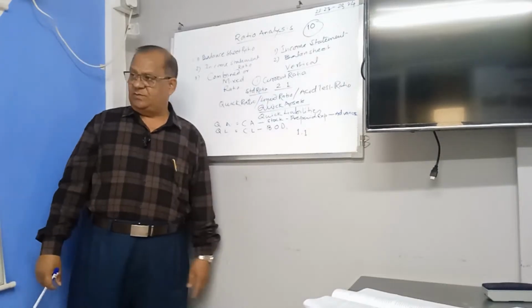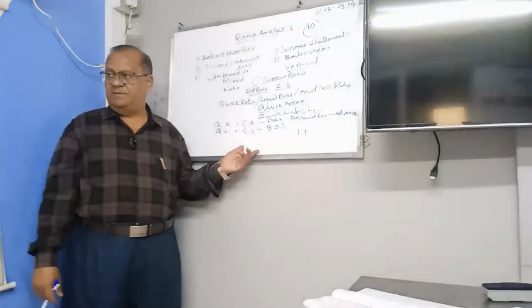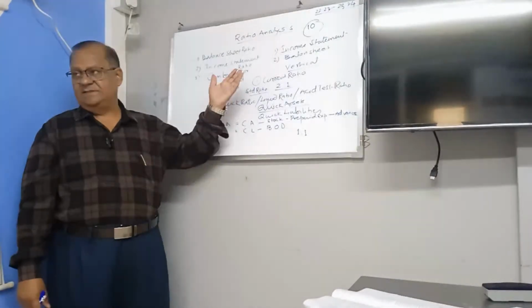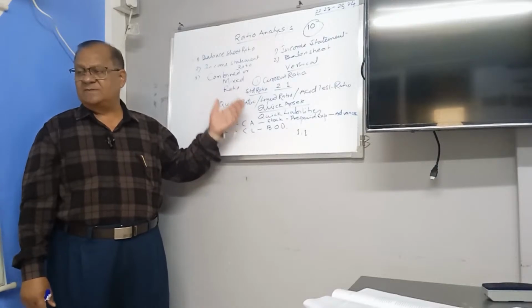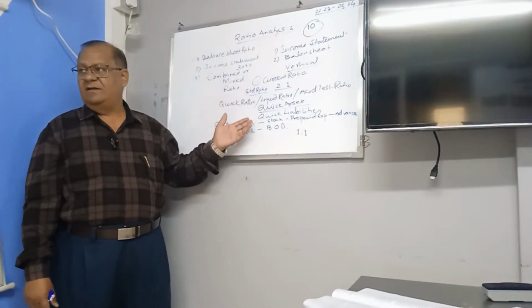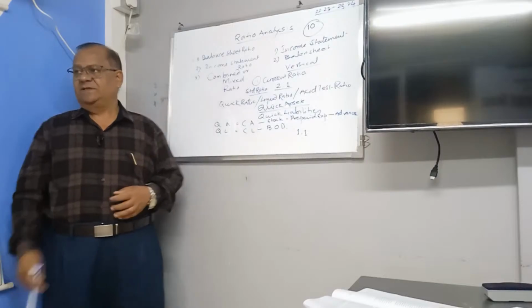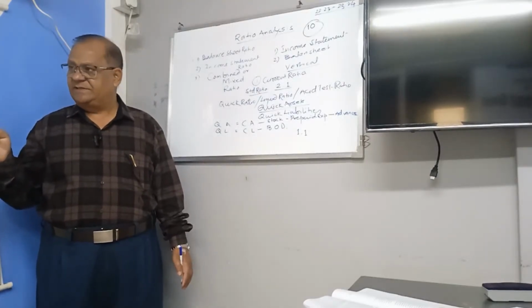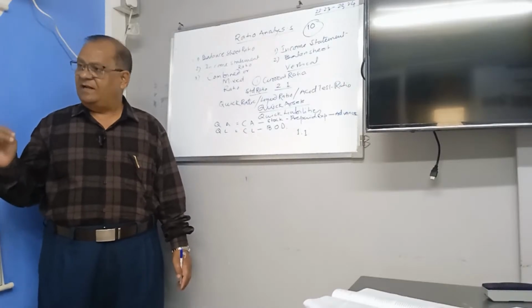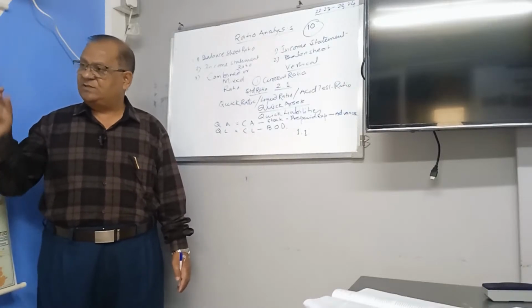The net profit ratio. How to calculate net profit? First will be sales less cost of goods sold. You will get the gross profit. From gross profit deduct all the operating expenses. Operating expenses mean administrative or office expenses, selling and distribution expenses, finance expenses. These expenses you have to deduct.